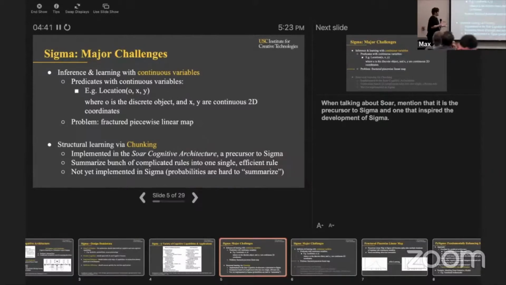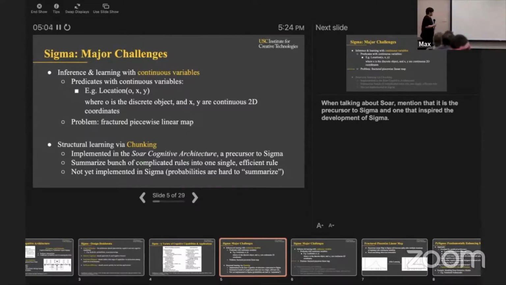X and Y are continuous coordinates that model the location of these objects on a 2D plane. The problem with inference and learning in the Sigma cognitive architecture is that the piecewise linear map, which is the fundamental building block for the messages, tends to get fractured after multiple iterations of learning, which I will illustrate later.